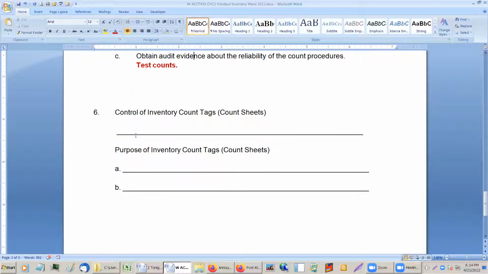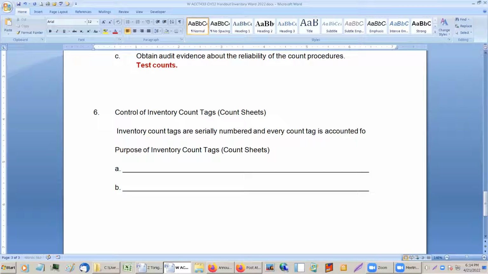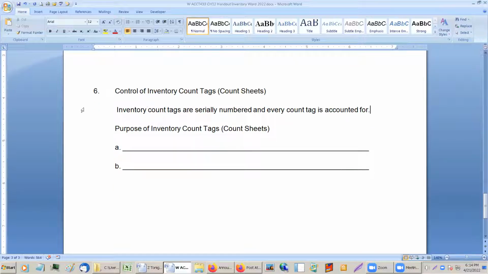Okay. Control of inventory count tags. Inventory count tags are serially numbered.